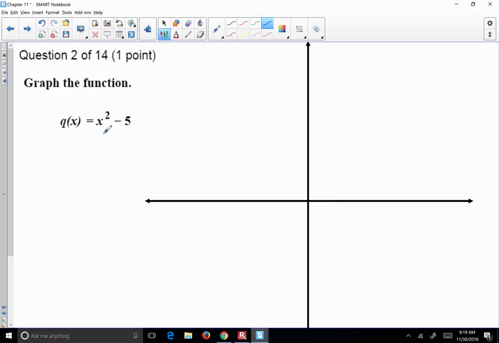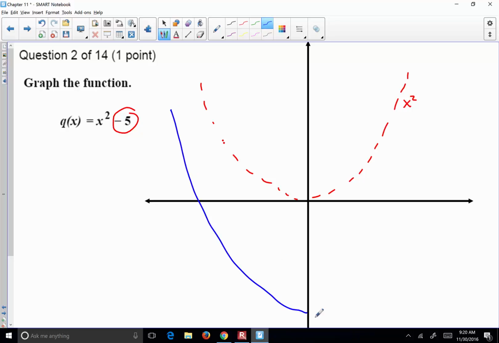So, can you describe what's going to happen to our main graph? This is again our original function. This is x squared. How do you make x squared minus 5? Describe it. Goes down. So here we go. Just mark those special points, such as you know the location of this one, right?